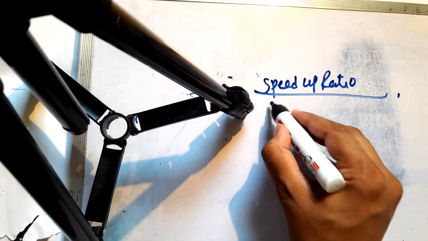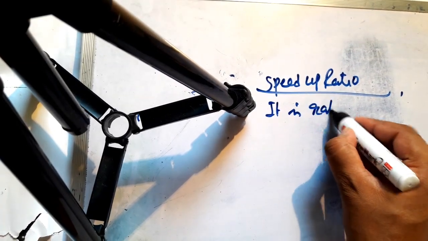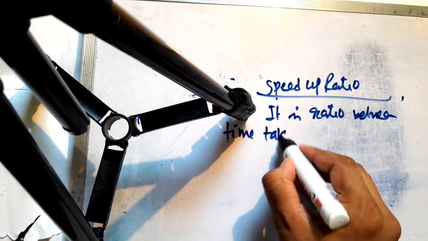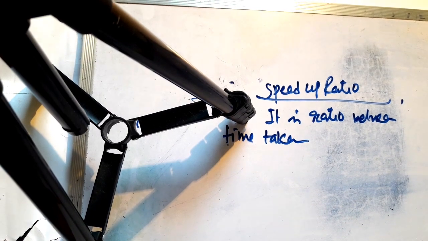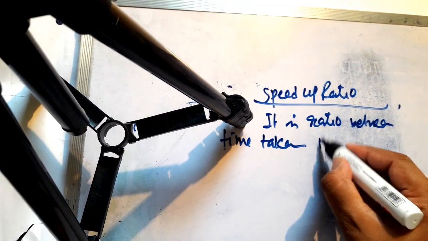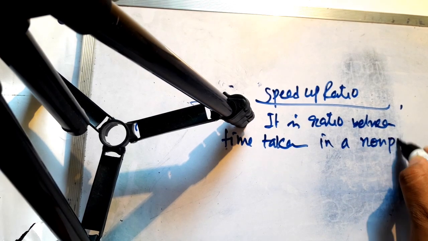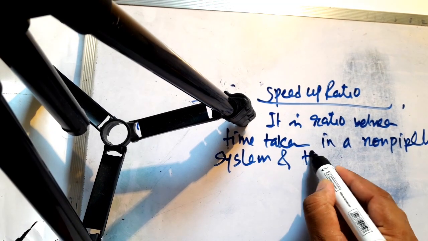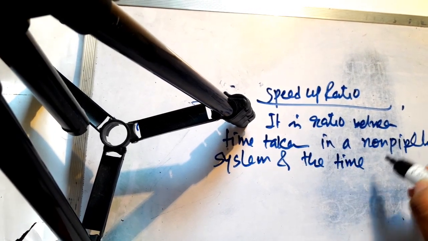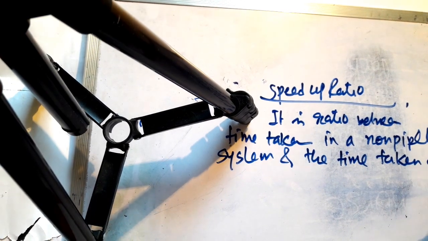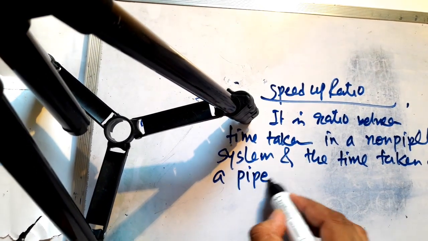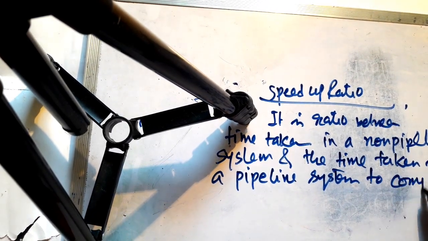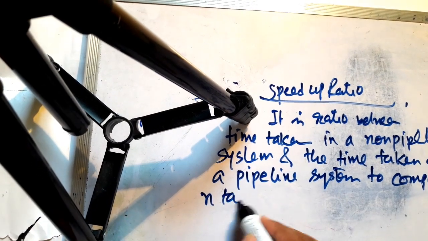It is the definition, first of all: it is the ratio between the time taken in a non-pipeline system and the time taken in a pipeline system to complete n tasks, n number of tasks.